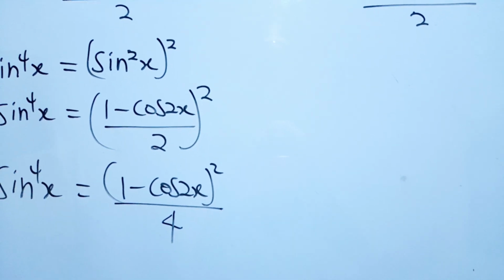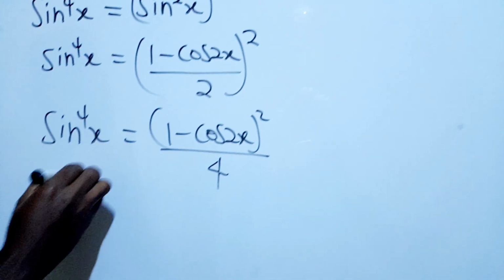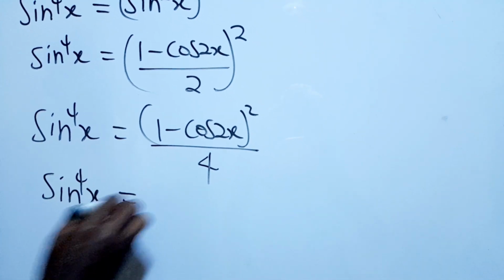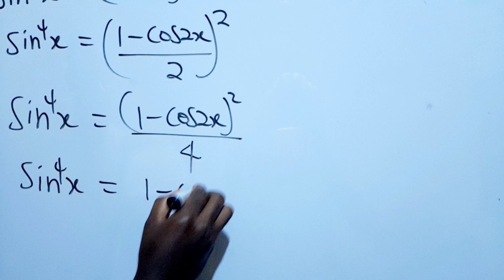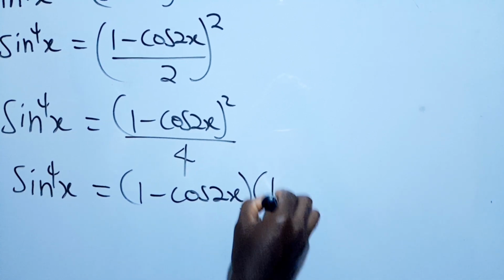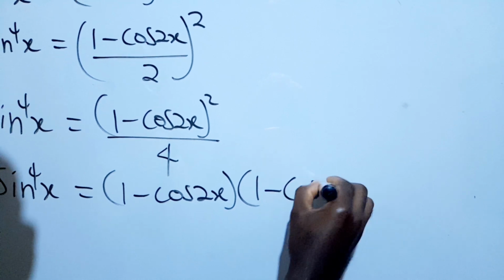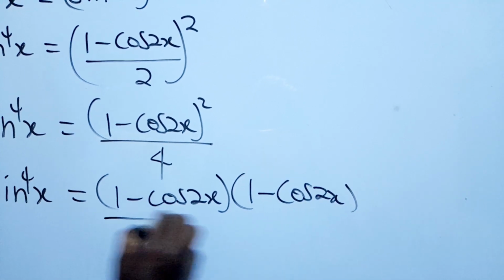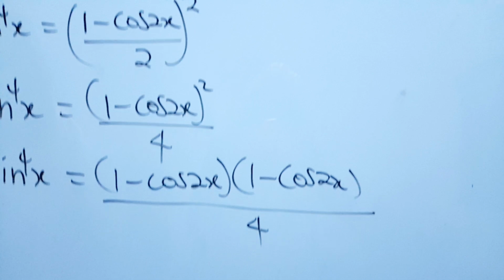Then I can expand this and say that sine exponent 4x is equal to 1 minus cos 2x, since it is a repeated square, then 1 minus cos 2x, and that all over 4.